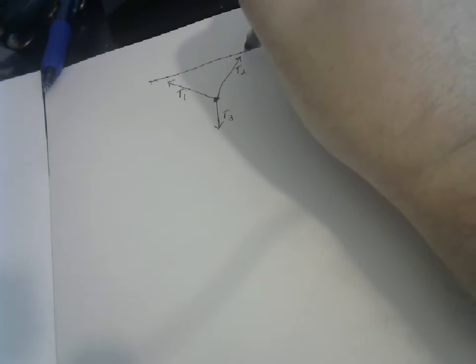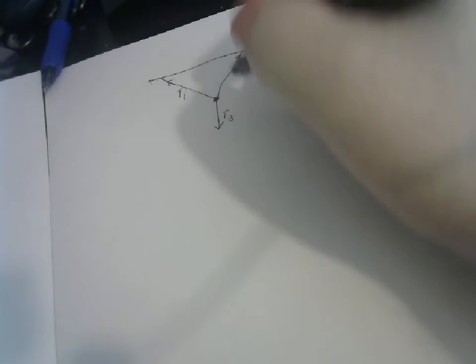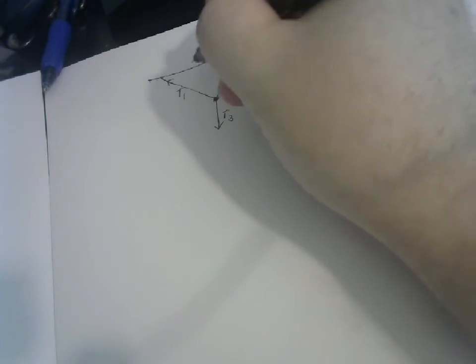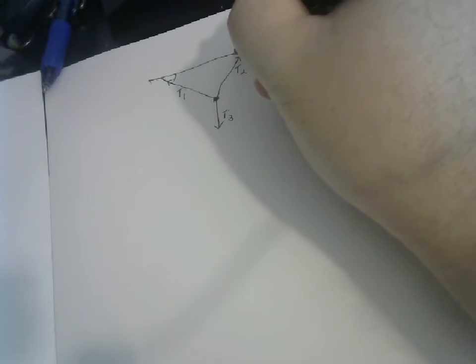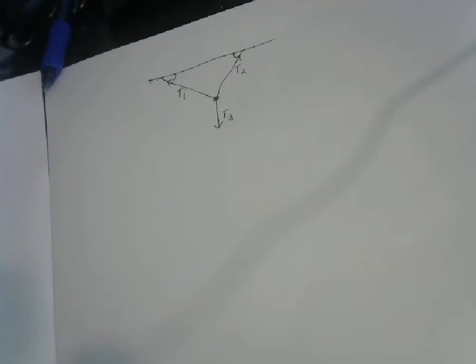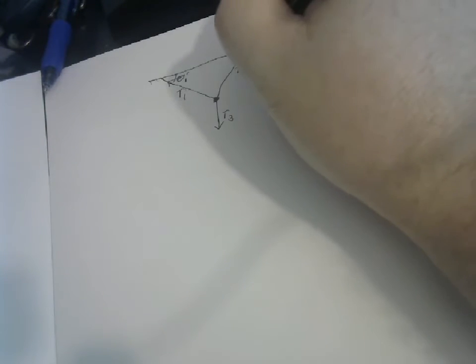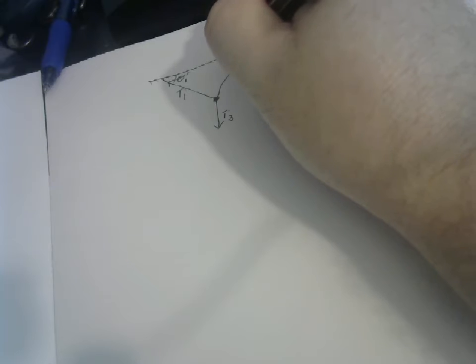Let's first draw a straight line up here, connect those, and note that these angles were, actually, you know what? I'm not going to look them up yet. I'm going to call this theta 1 prime and this theta 2 prime.